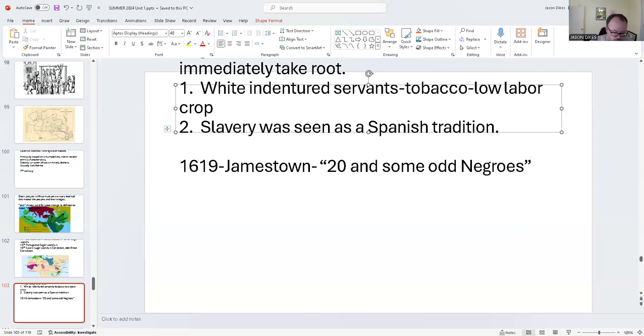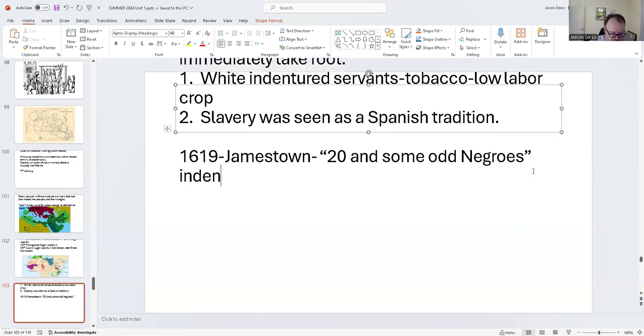Now, we don't know if these 20 and some odd became slaves right away. There is some evidence to suggest, to more than suggest, that some of them simply passed through the indentured servant system, which we talked about back in the video on Jamestown, lecture number 2.